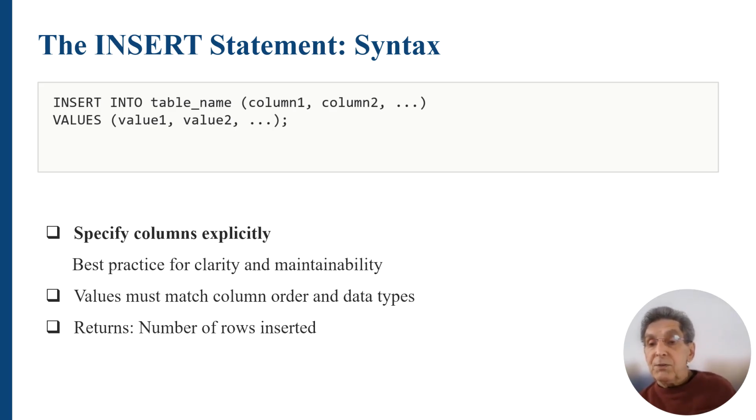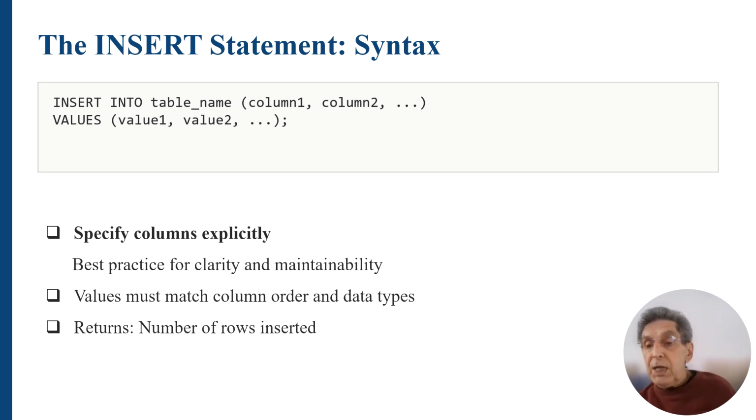Why? Because if someone adds a new column to the table later, your insert statement structure won't work. It will break. So by explicitly naming your columns, your code is sort of self-documenting and far easier to maintain. The values you provide must match the columns in both order and data type.